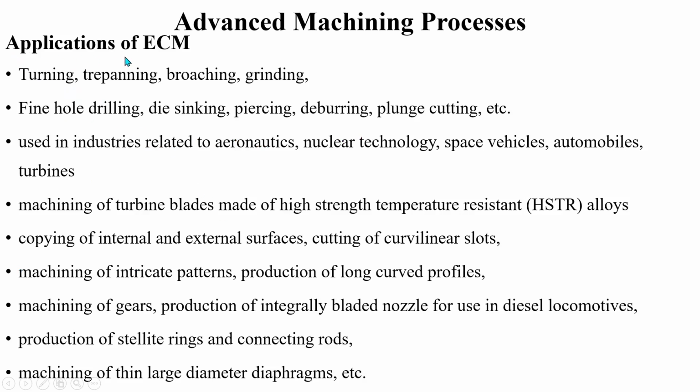Finally, we will see the applications of electrochemical machining. We can use electrochemical machining in turning, trepanning, broaching and grinding operations, and we can also drill fine holes, die sinking, piercing, deburring, plunge cutting, etc. These are the industries where electrochemical machining processes are used: aeronautics, nuclear technology, space vehicles, automobiles and turbines.